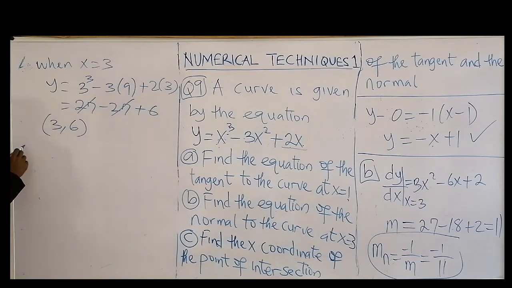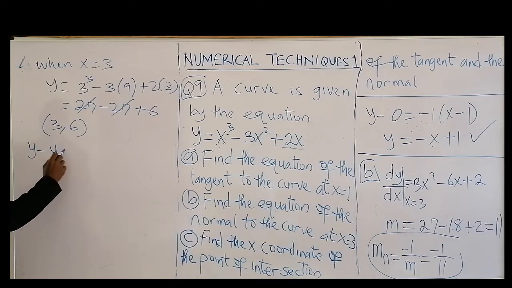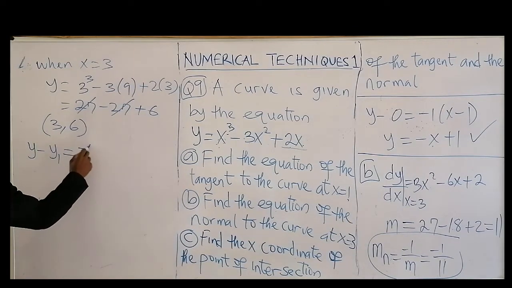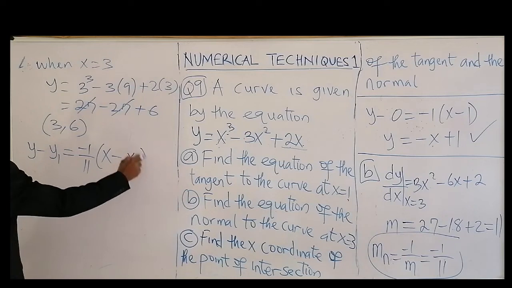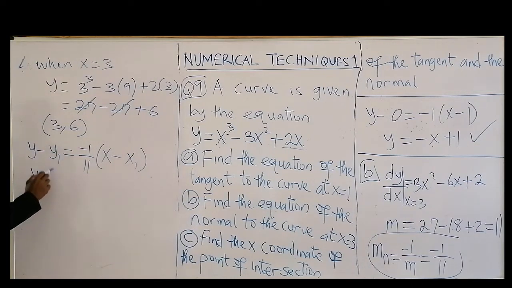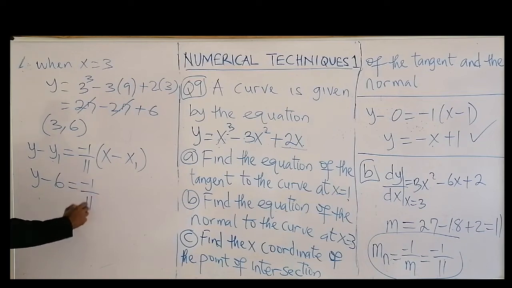Then the equation of the normal will now become y minus y1 equal to what? The gradient of the normal is minus 1 over 11 into bracket x minus x1. And that will become y minus y1, which is 6, equals minus 1 over 11 into bracket x minus 3.